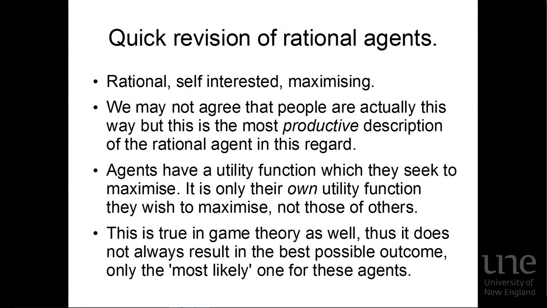Now, it does not always result in the best possible outcome. Game theory is not necessarily like this because of these rational agents. They are necessarily in a competitive environment. So the best possible outcome for everyone concerned is not necessarily the one which rational agents will arrive at.